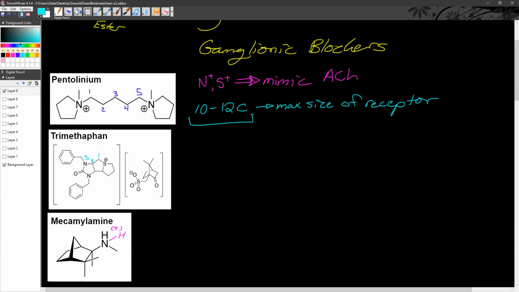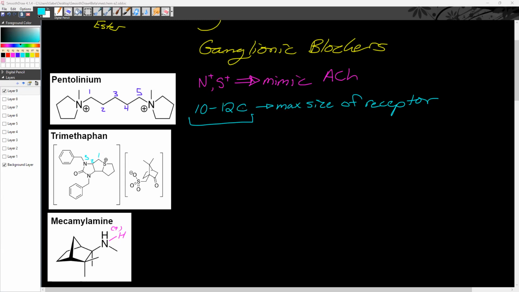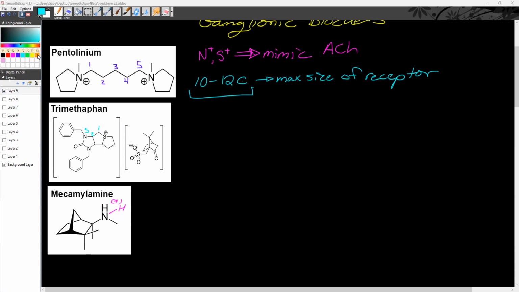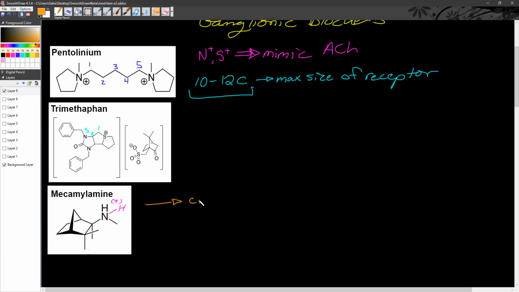Mecalamine is a little bit special in that it is able to cross into the CNS.